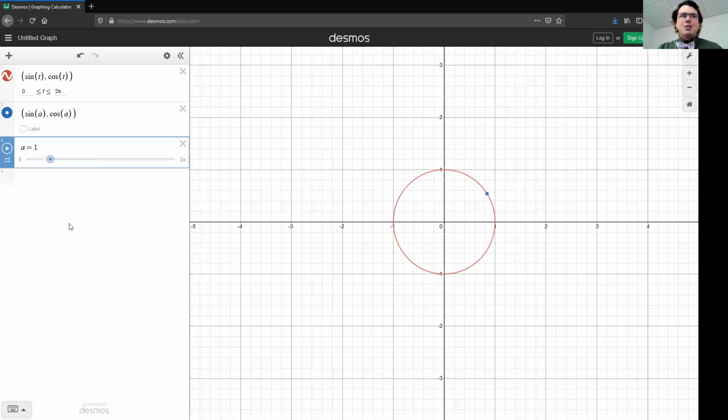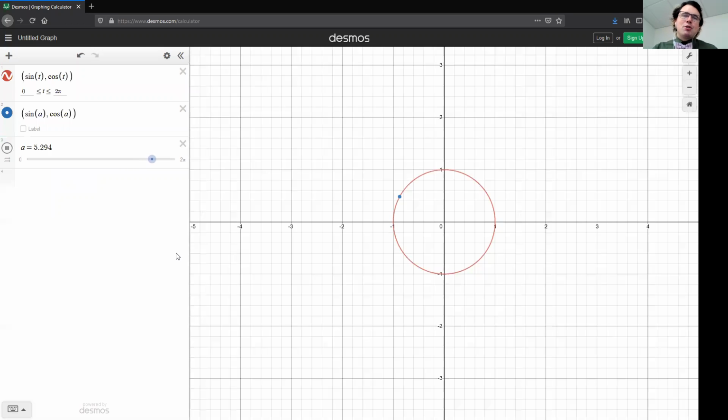And what happens to that moving point as a increases? It traces the circle in the clockwise direction. So a equals 0 is the coordinate (0, 1). I go all the way around the circle and end at (0, 1). So again, this is slightly backwards from the way that we usually parameterize this circle.